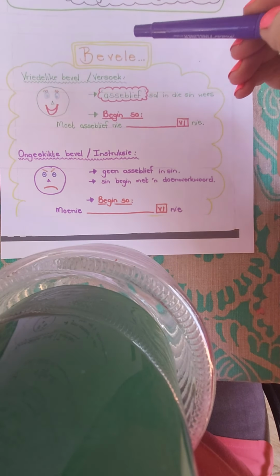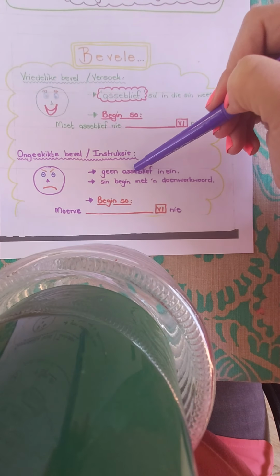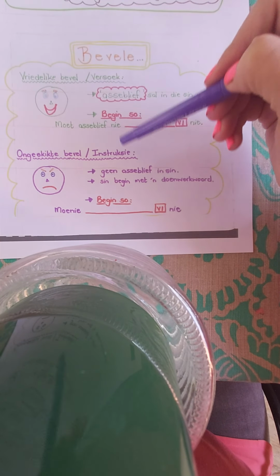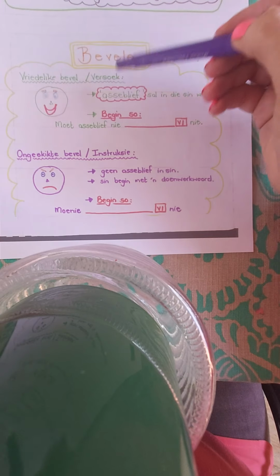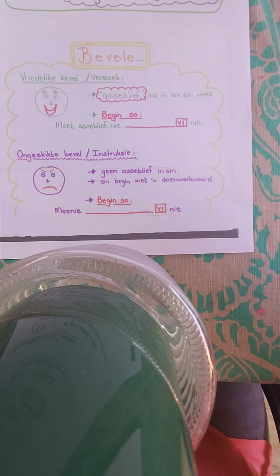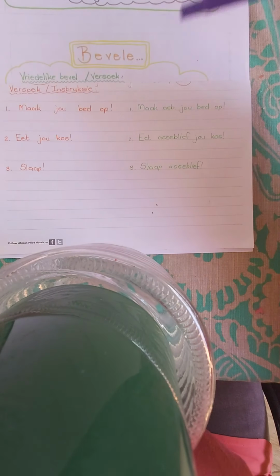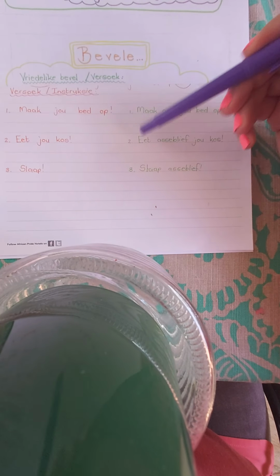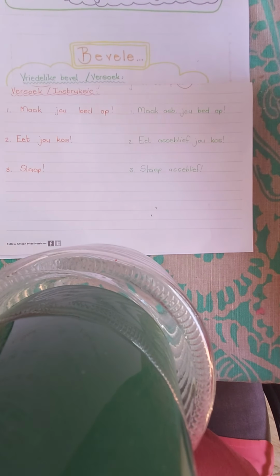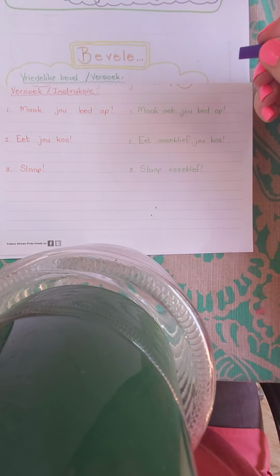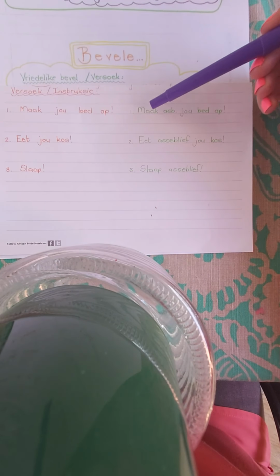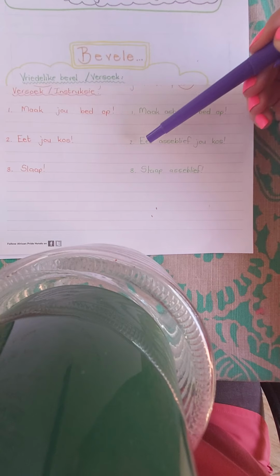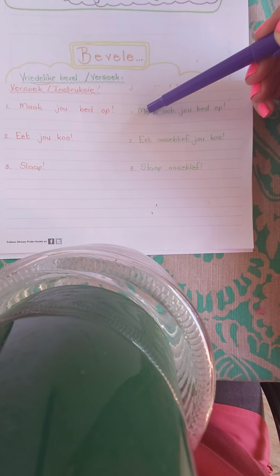One very important thing to remember for both of these, the only way for you to recognize a demand, whether it's a request or an instruction, is the fact that the sentence will always start with a doing verb. I call them doing verbs. In Afrikaans, the actual right word for it is a hoofwerkwoord. So it's something that I can actually do. I can do all of these three things.